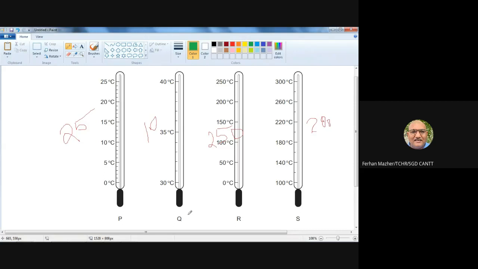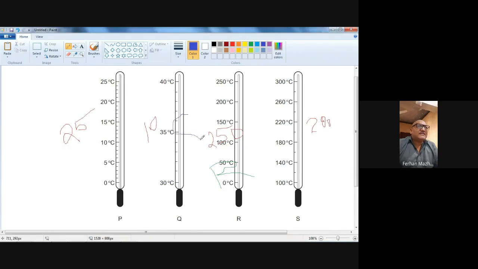So the greatest sensitivity will be in that thermometer which has the smallest range. So this has the biggest range, and the biggest sensitivity will be here. So the most sensitive will be Q, and the greatest range will be R.